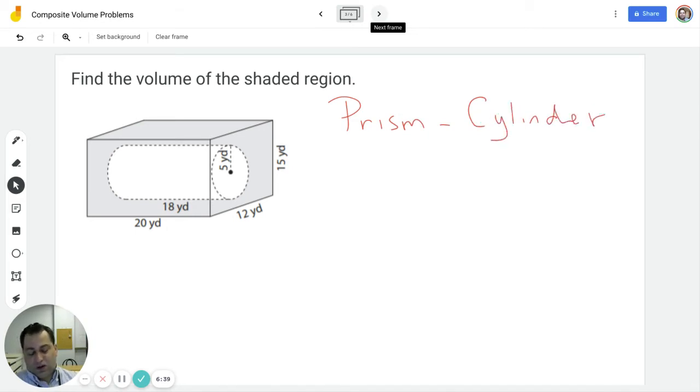So the volume of a prism is length times width times height. Volume of a cylinder is going to be the area of the base, or pi r squared, times the height. Let's plug our numbers in here. For the rectangular prism, I have 20, 12, and 15.